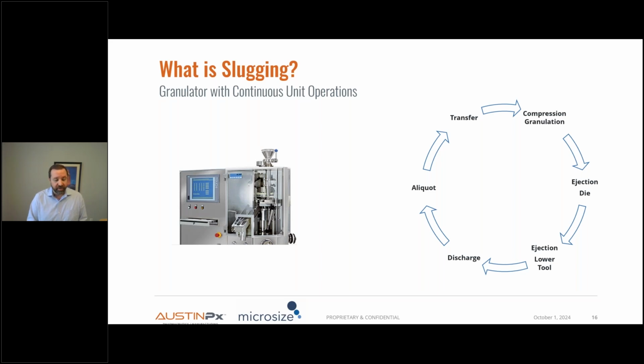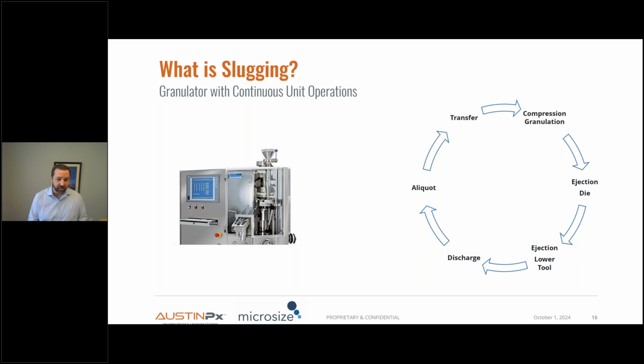The example that I think best embodies a regulatory consideration for how the process works is a granulation by slugging. And this is a machine that does a continuous set of coupled unit operations. The process aliquots out some volume of material, transfers it in the machine, and then applies a compressive force to granulate a formulation.